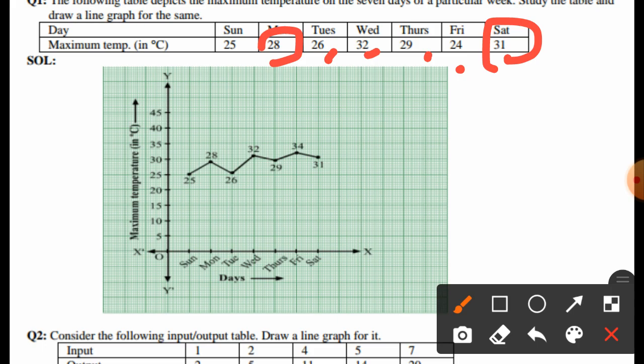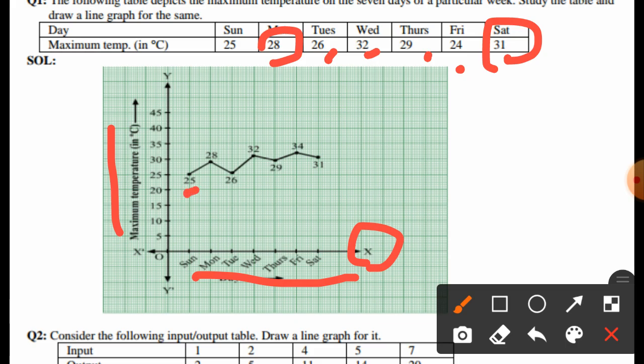So in this line graph, on the x-axis we will represent the days, that is Sunday, Monday, Tuesday, Wednesday, Thursday, Friday and Saturday, and on the y-axis we will represent the temperature. Here we can take a difference of 5, that is 5, 10, 15 up to 45.